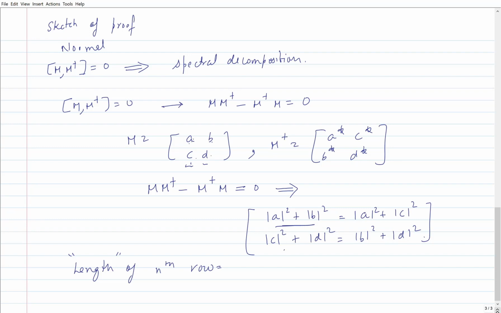CD, this is the length of the second row. BD, this is the length of the second column. So length of the nth row is equal to the length of the nth column. Just playing with the definition, that's the insight we get over here.